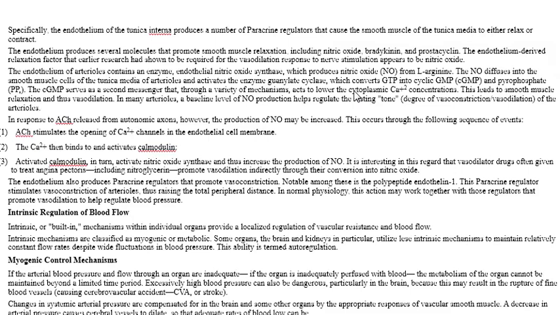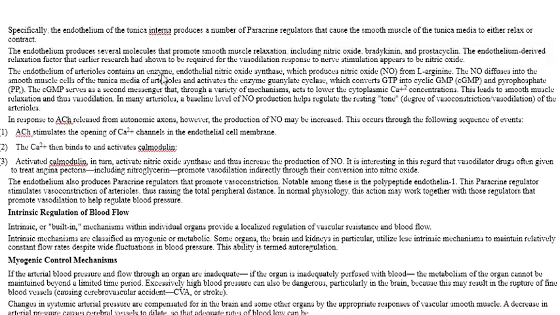This is something related to the metabolic or the biochemistry. Cyclic monophosphate serves as a second messenger that through a variety of mechanisms acts to lower the cytoplasmic calcium. This is not very important for you to know, about the mechanism of endothelium for the nitric oxide.